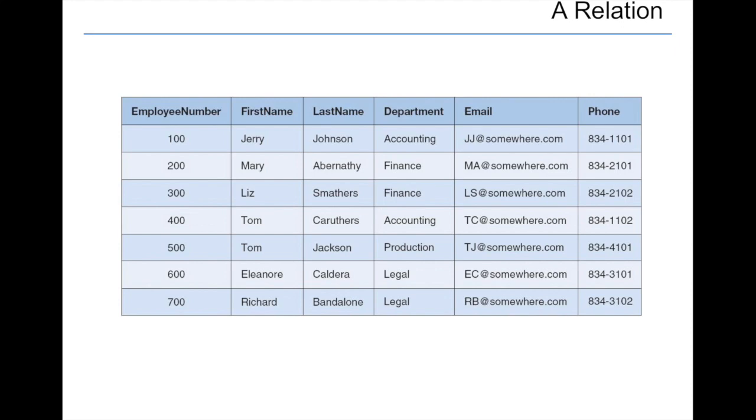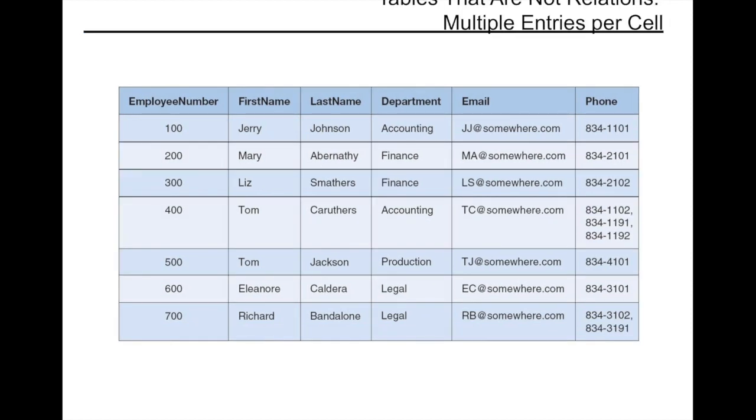So this would be an example of a basic relation. Here, we've already broken some of the rules, in that there's multiple phone numbers in employee number 400.